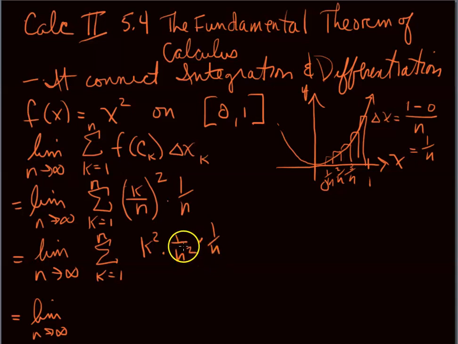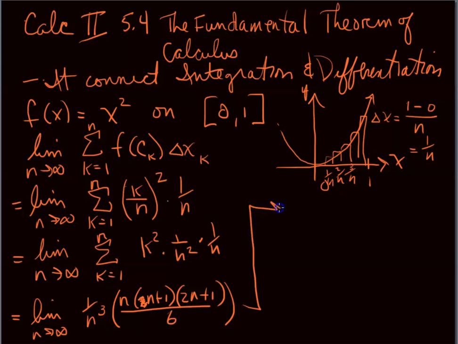Well, remember, n is going to be a constant, so this 1 over n cubed can be pulled out. And the summation from k going from 1 to n of k squared is n times n plus 1 times 2n plus 1, over 6.